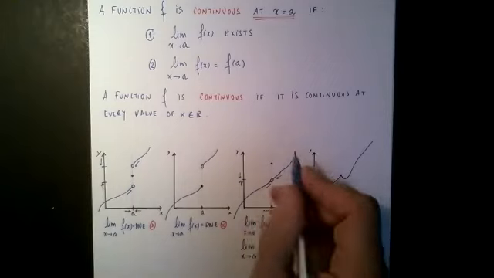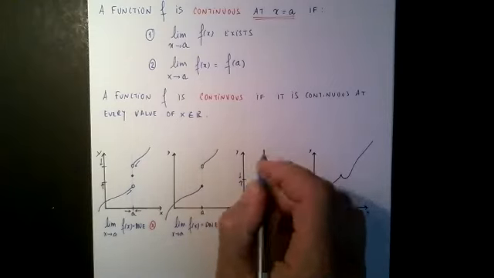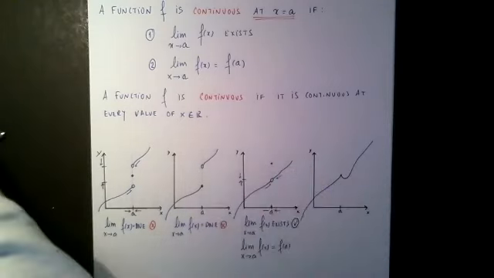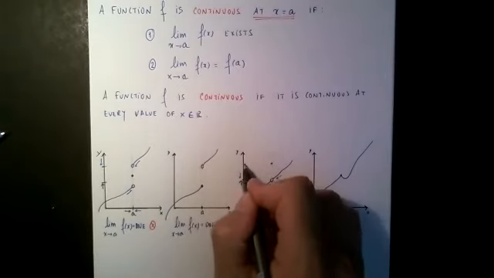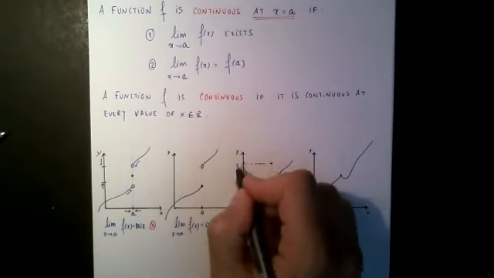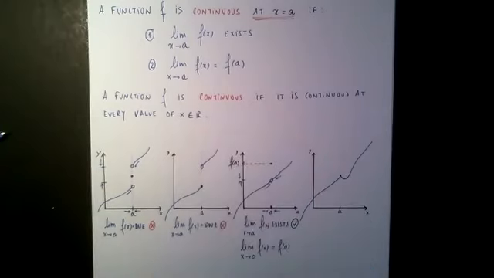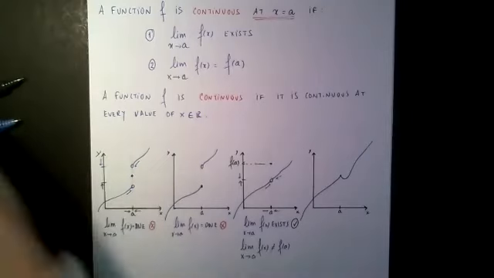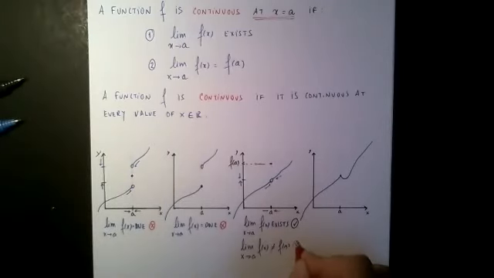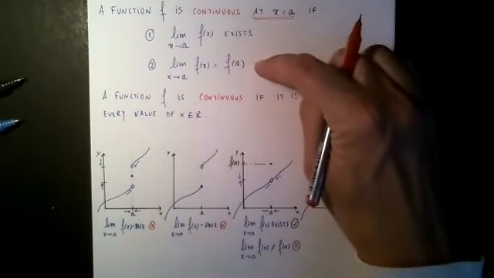So this is f of a. It means it's not equal to f of a, and so this condition fails. The second condition fails here.